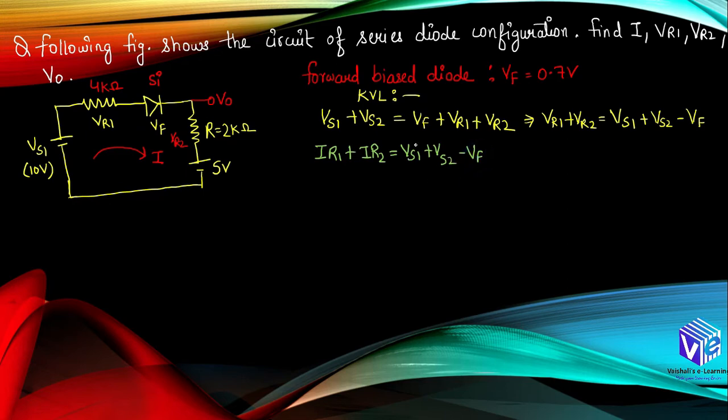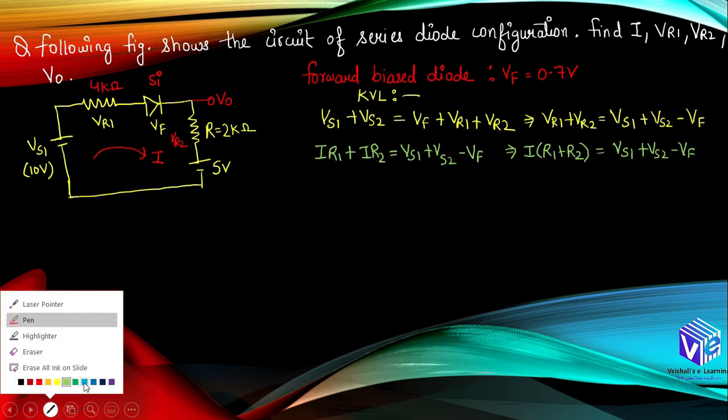If I take I common and divide by R1 plus R2, this equation will give me I. So I times (R1 plus R2) equals VS1 plus VS2 minus VF, and from here I can easily find I.